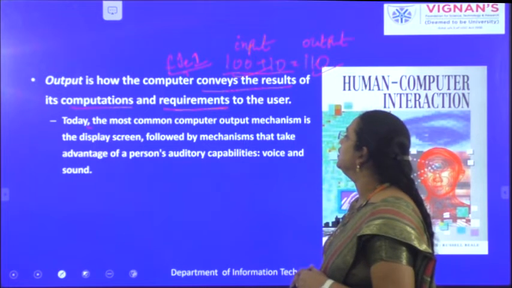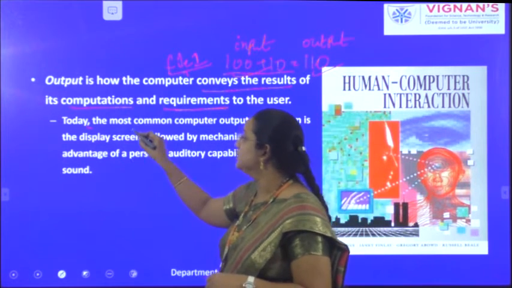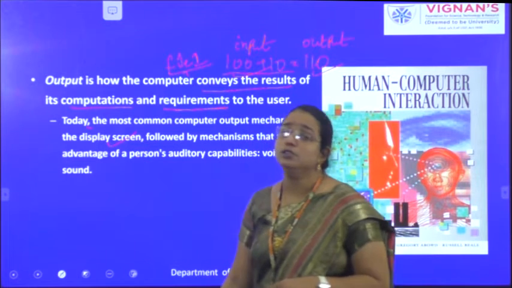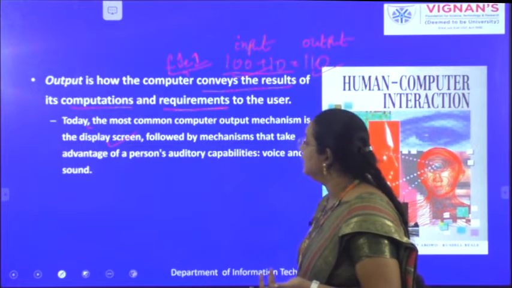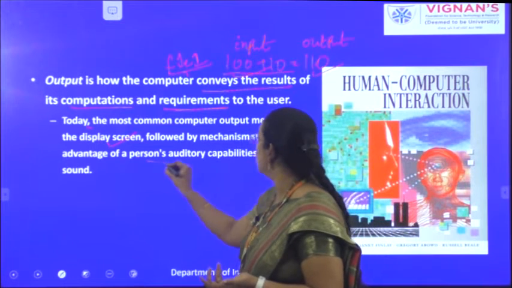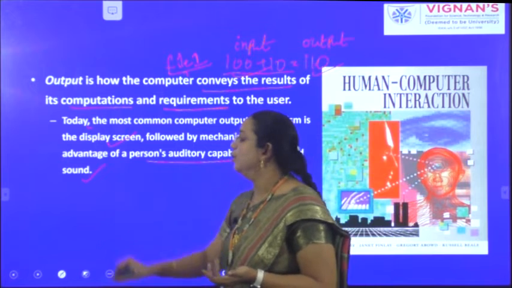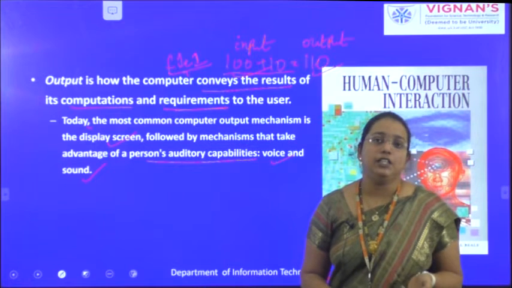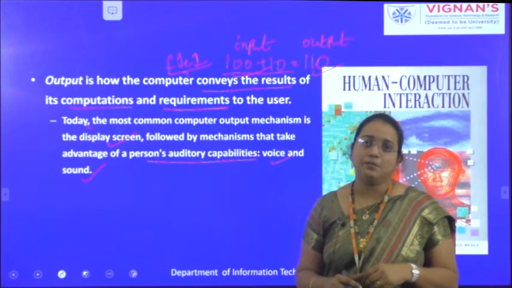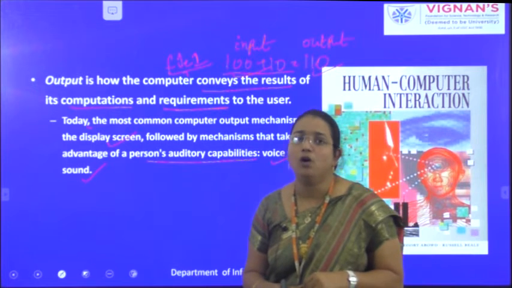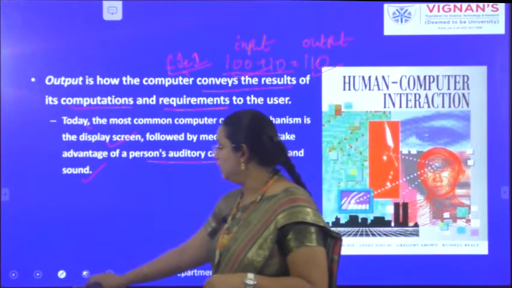Today, the most common computer output mechanisms are display screens, followed by mechanisms that take advantage of a person's auditory capability, like voice and sound. The systems can give their answers in the form of either sound or voice. So these are the most commonly used outputs.